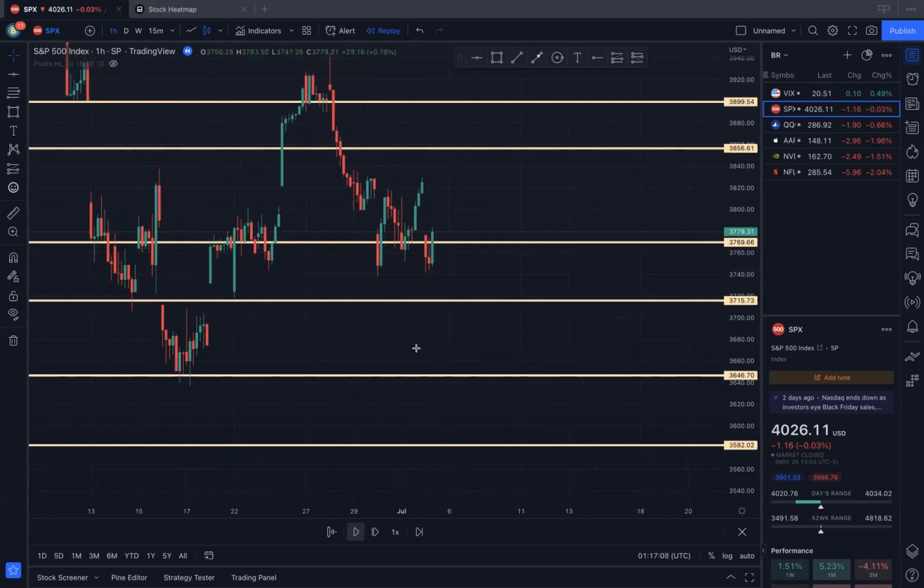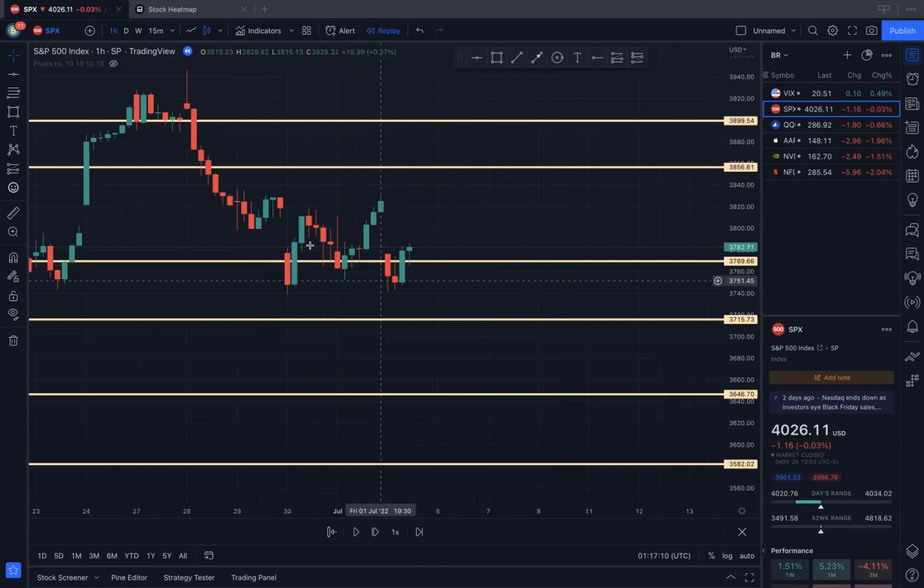But even so, take recognition here of when we were breaking down, we were holding. We had a fake below, which is called a liquidity grab. Basically, when market makers push price below a level to stop people out that are in calls and get people to buy into puts when it breaks below here. Okay, so that's why I typically wait on the retest, but this is an example of a liquidity grab.